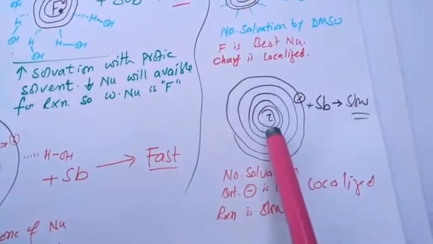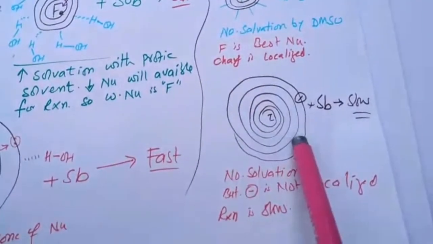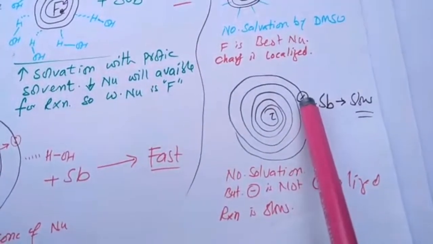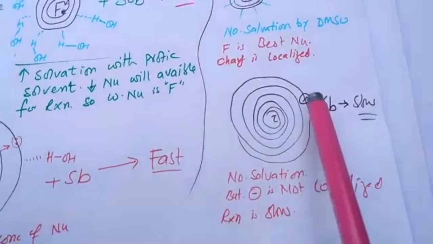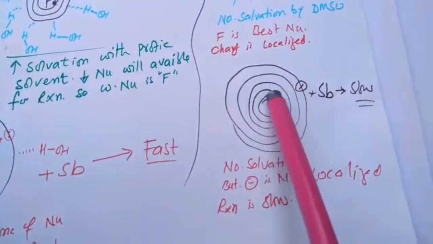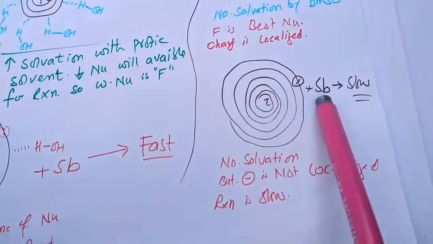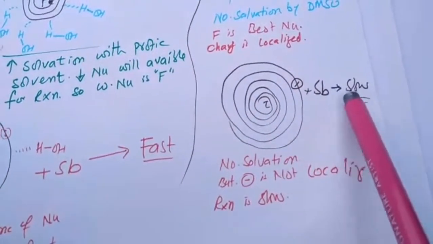In the case of iodine, if the solvent is aprotic, there is no solvation, and the electrons are not localized. When these electrons are not under the strict control of the nucleus, they will react slowly with the substrate, and the reaction will be slow.